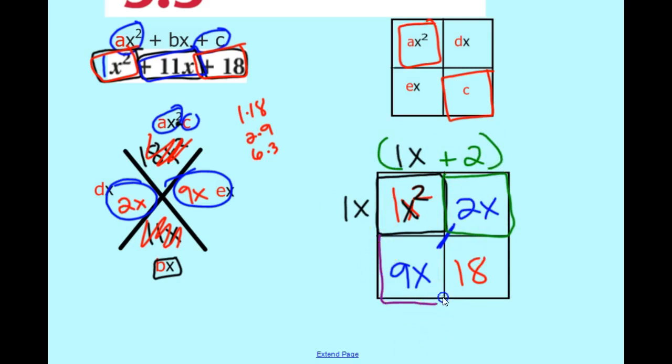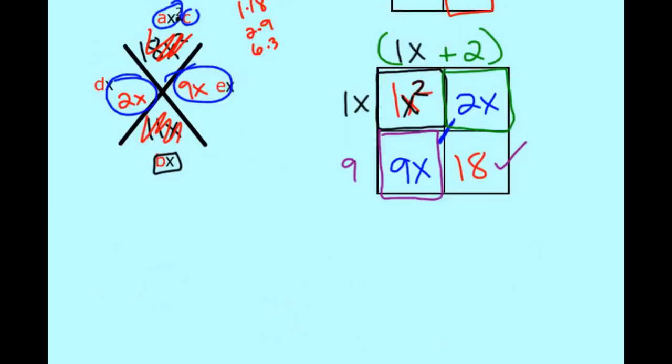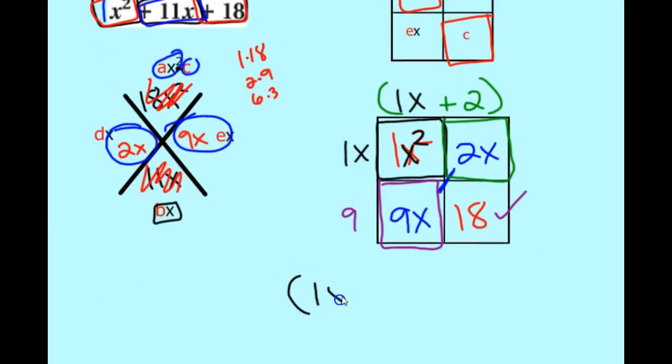Then if we go down here, we need 9x, we have a 1, 1 times 9 is 9, and there's an x. And you got to check the last box. Does 9 times 2 give 18? Yes, it does. So our answer is going to be 1x plus 2 times 1x plus 9.